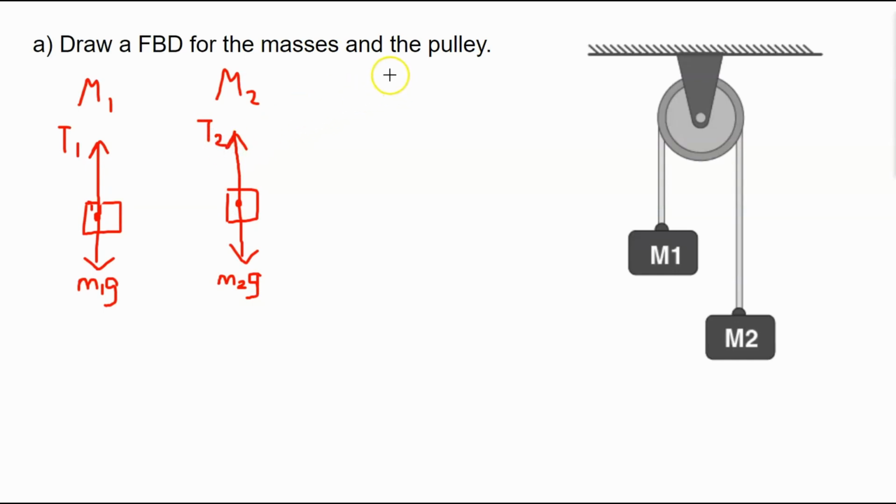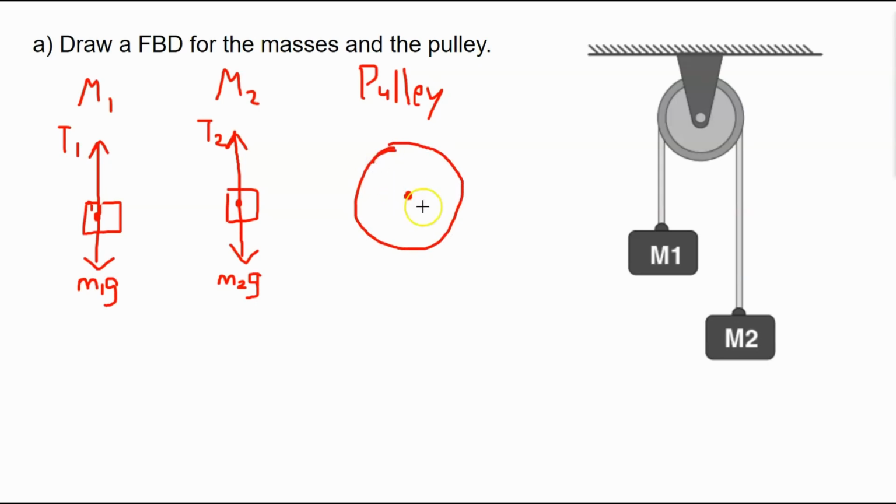And now we want to draw the free body diagram for the pulley. Now the pulley is a little different because the pulley is not this block. It's this little cylinder. So we're going to draw a circle. The center of mass would be in the centroid right here.